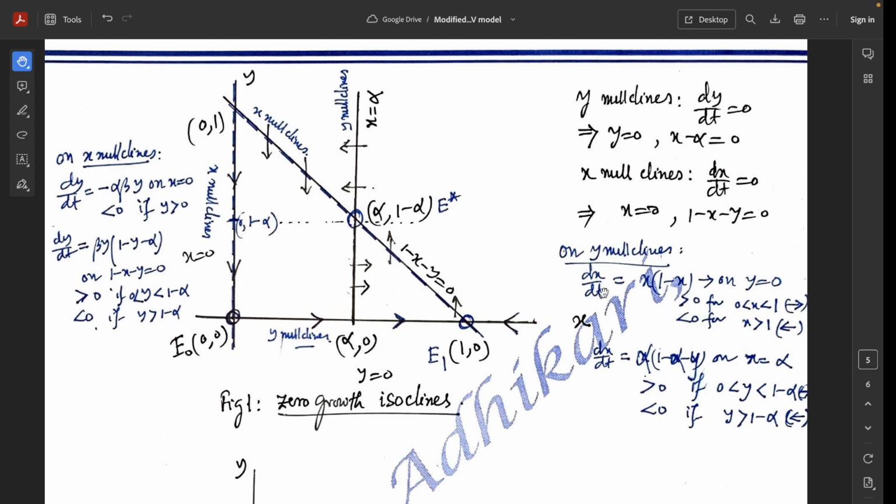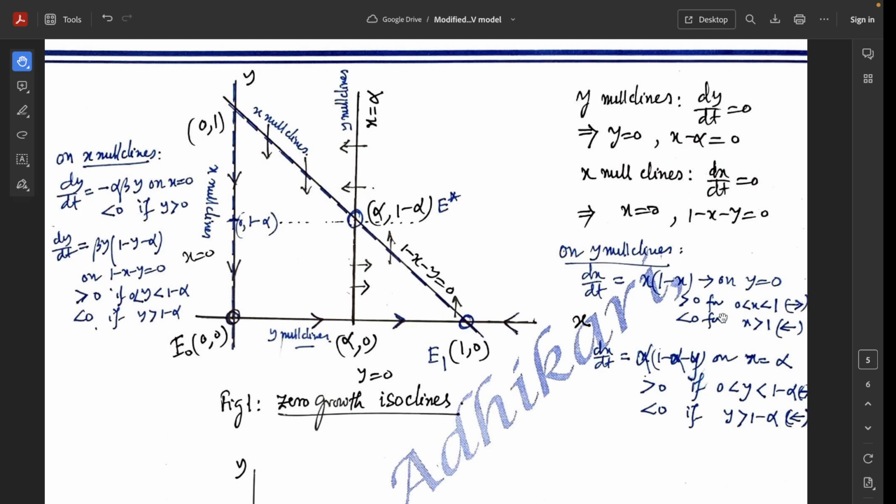So the horizontal component of velocity on the y-null line y equal to 0 is positive, dx dt is positive. So put here a right arrow for 0 less than x less than 1. This is the horizontal component of velocity positive, so I put a right-sided arrow here.